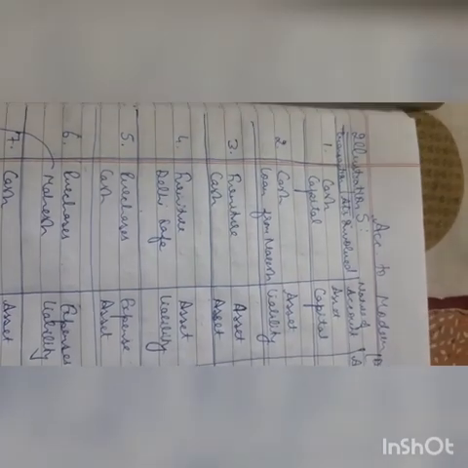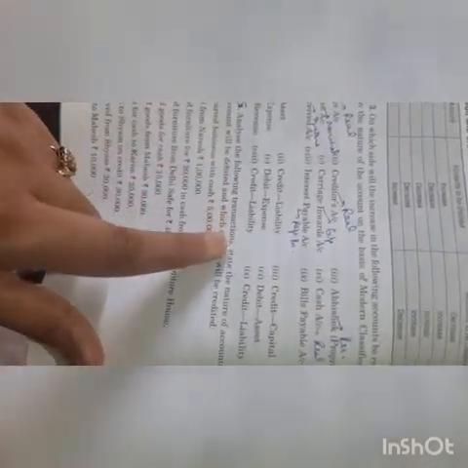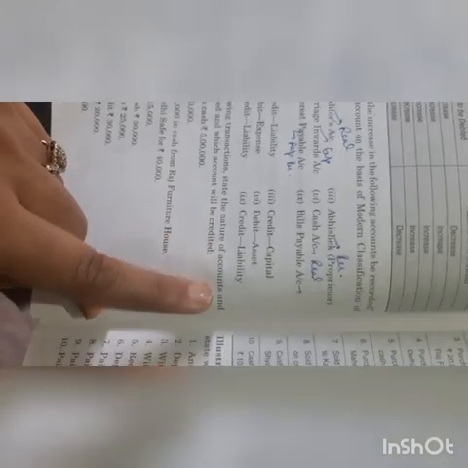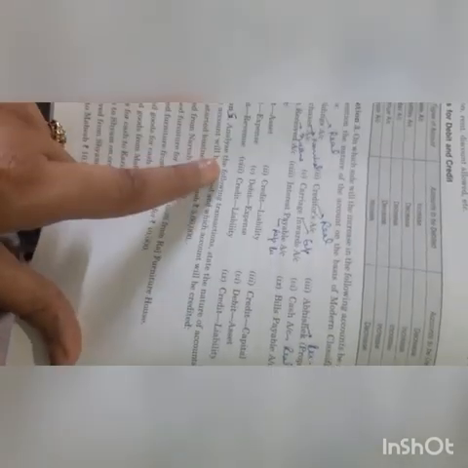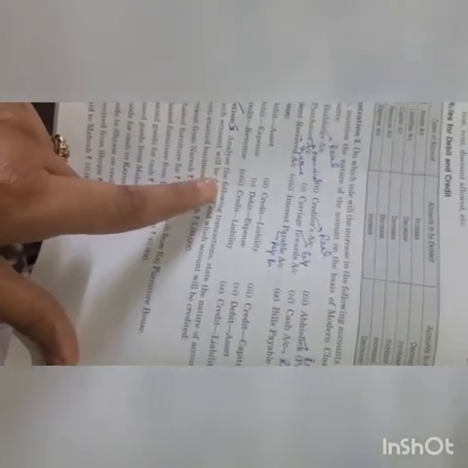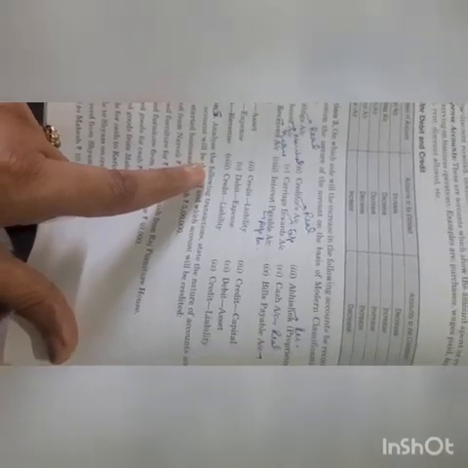Now, we are going to discuss illustration number 5 given in your books. Illustration 5 says, analyze the following transactions, then state the nature of accounts. Under analysis, we need to determine the accounts involved in the transaction.